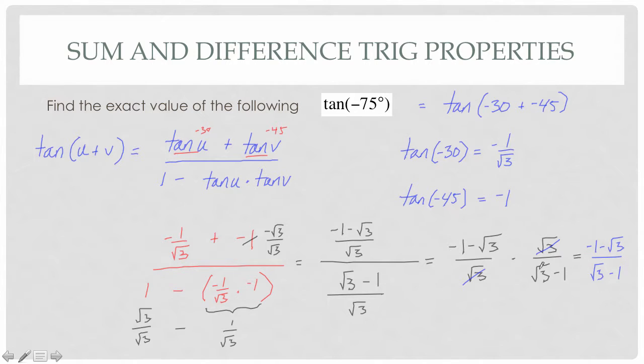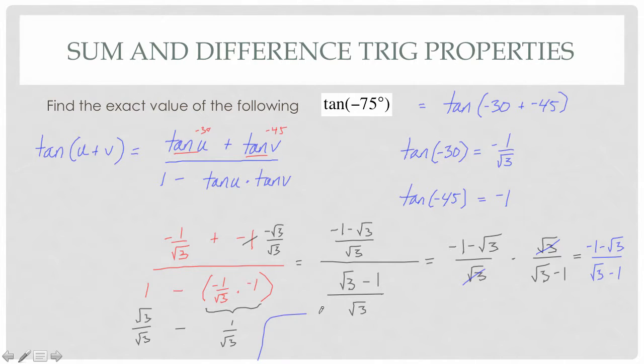Now what I want to try and do here is these are almost identical, right? I really want to see if I could get them to become the same thing, although I don't think I can because this one I've got positive negatives. This one both the terms are negative, whereas this one only the 1 is negative and the square root of 3 is not. I think if I really wanted to, I could multiply the bottom. Yeah, let's go and do it. Let's go and do that here.